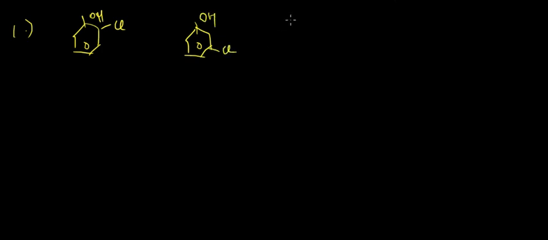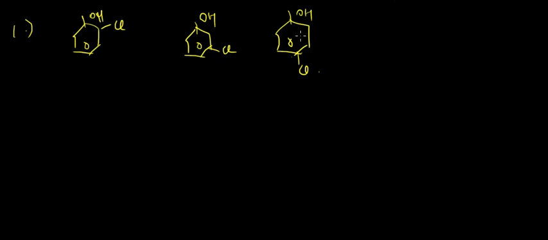Okay, so we have something like, you need to compare the acidic strength between this OH, this, and this. So for comparing the acidic strength, you must draw its conjugate. In the conjugate, every O will have a negative charge on it.